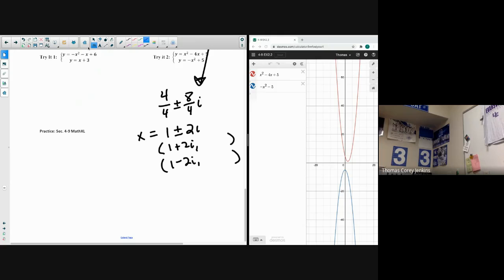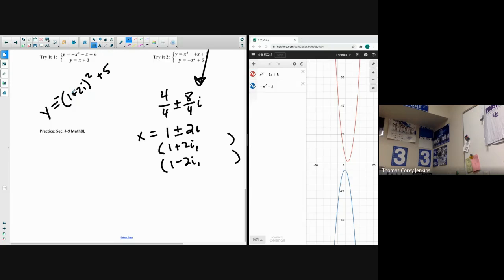All right, so we're going to try one more time here to see if we can get the y coordinates. Now, this next part is complicated, so I wouldn't worry too much about it. Like I said, this part is not really on your test. I'm just going to sub into here and just see what we get. So that'd be y equals, let's sub in 1 plus 2i. All right, -1 plus 2i squared plus 5.